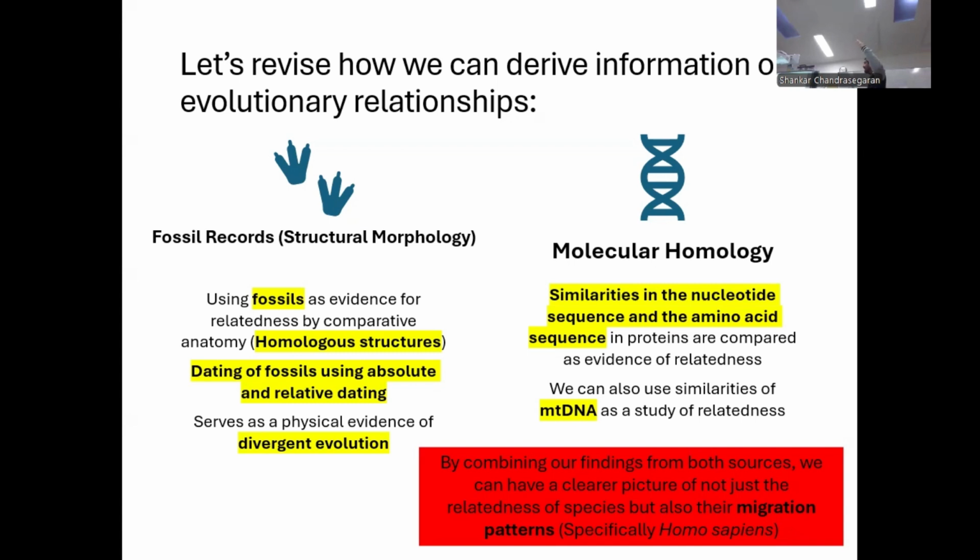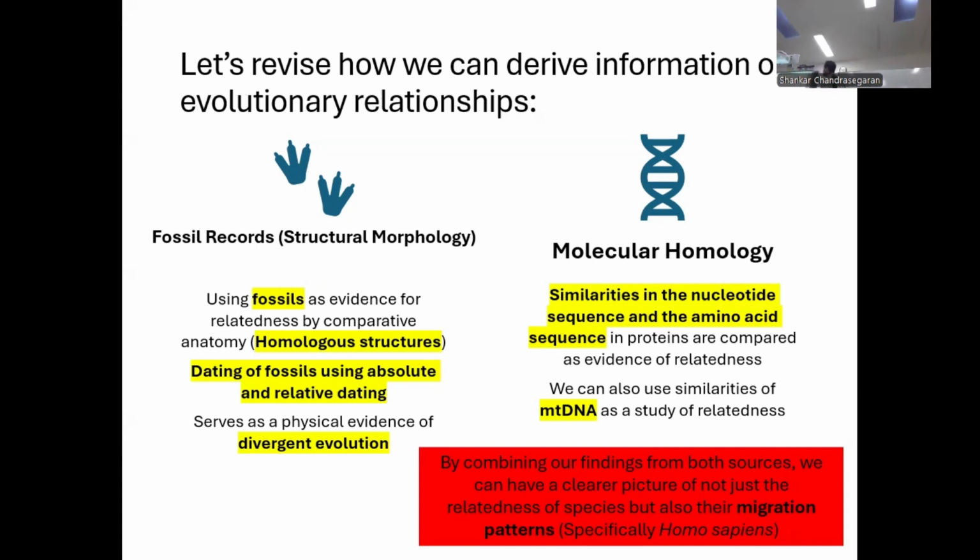So if species A and species B have a lot of homologous structures, that means we can say that at one point they would have diverged from each other to become two different species, but it would have happened very recently versus very long ago if they had very little homologous structures. So it's basically a physical evidence of that kind of evolution.